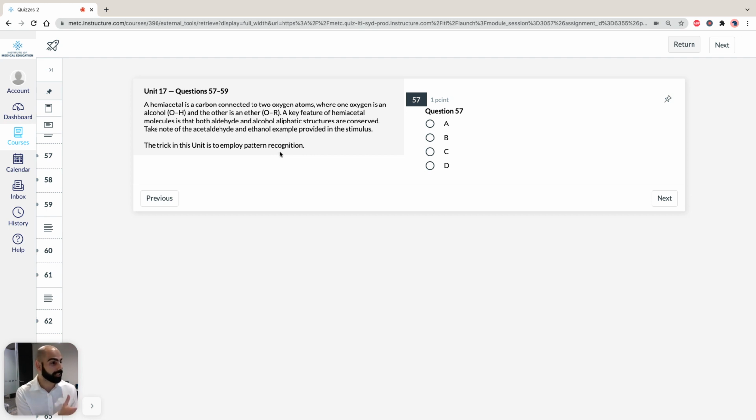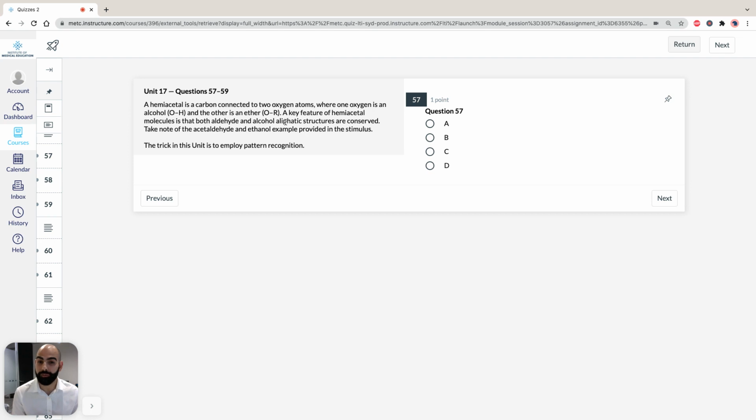In the stimulus that's provided, you're given a lot of information about hemiacetal formation, and it's nicely written, so you don't really need any prior knowledge in chemistry to answer this. A hemiacetal is a carbon connected to two oxygen atoms, where one oxygen is an alcohol and the other is an ether, bound to another carbon group.